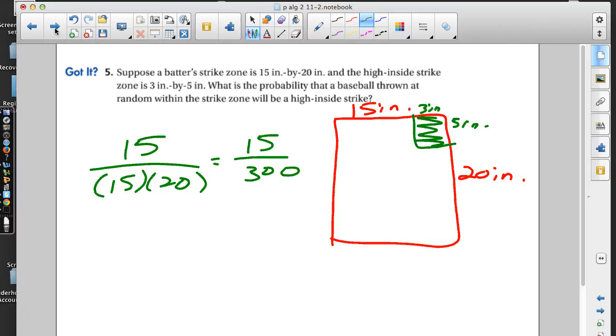We could do some reducing, or we could just punch it in, let the calculator give us our decimal that we can change to a percentage. Whatever we want to do. Comes out very nicely. 0.05, which would be 5%. 5 100ths, 1/20th, if we actually did the fraction.